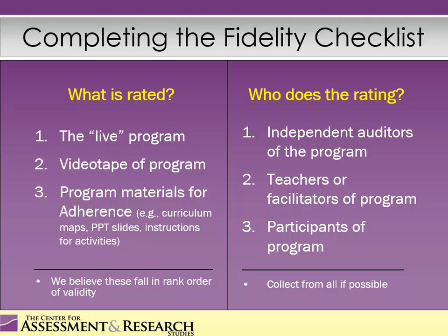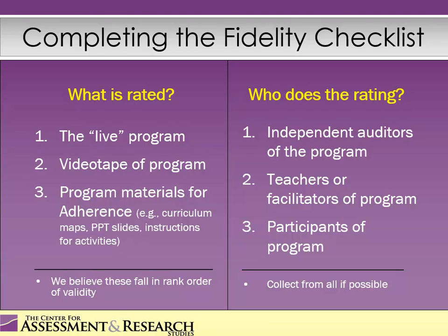It's important that the videotaped version of the programming includes scenes of the participants throughout the programming so we can rate or gauge participant responsiveness. Another option is to use program materials such as curriculum maps, PowerPoint slides, or activities to fill out the implementation fidelity checklist. We should note that the first method will provide the most valid implementation fidelity data, while the latter method will provide weaker validity.